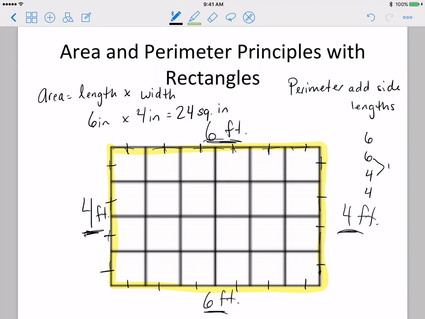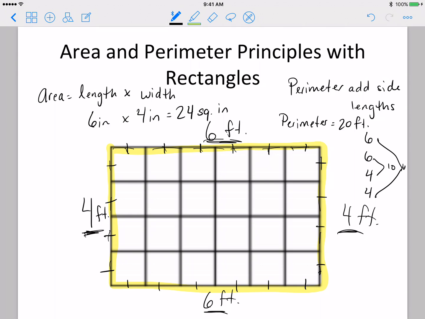We know that 6 and 4 is 10. 6 and 4 is 10. So 10 plus 10 is 20. That's what we saw earlier. So the perimeter is equal to 20 feet. It would take 20 feet of fence to fence in my yard so my dog JoJo could not get out.